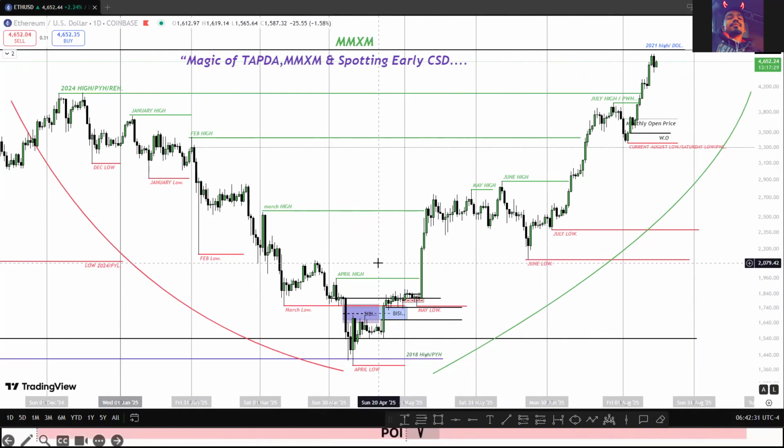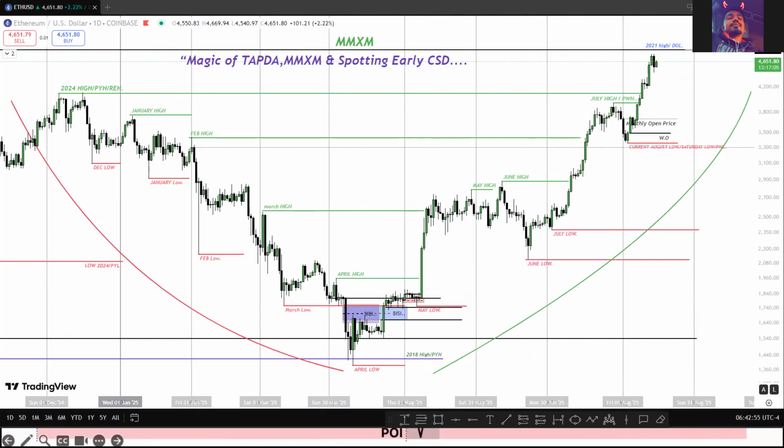And to me, the previous cycle lows should be left intact. Leaving the previous cycle lows and taking out previous cycle highs shows us that we are in a buy program.